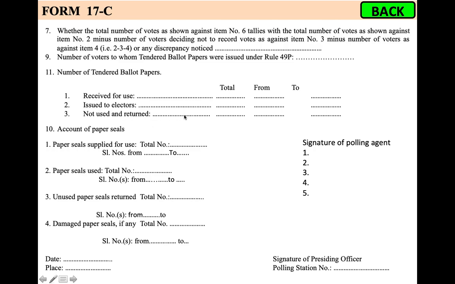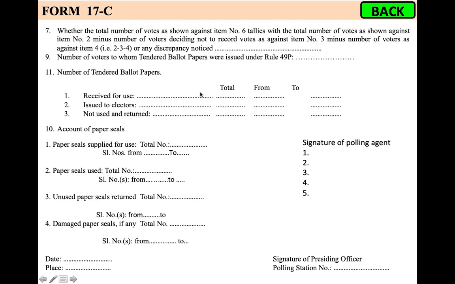Usually in one polling station, a total of 20 to 25 ballot papers are given for tendered ballot voting. So you will write whatever number is given. If there are 20 slips, you will write 20. If it's 25, you will write 25. And if there were five voters whom the presiding officer allowed to vote through tender ballot, then you will write 5 and the remaining will be 15. So that is how you have to enter.